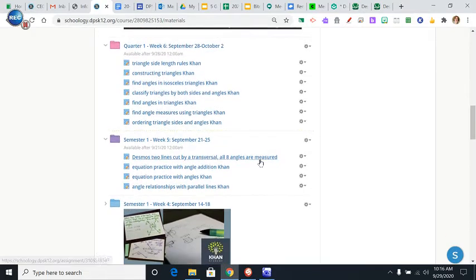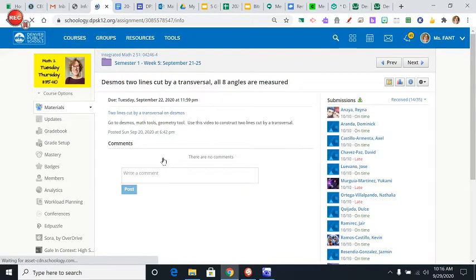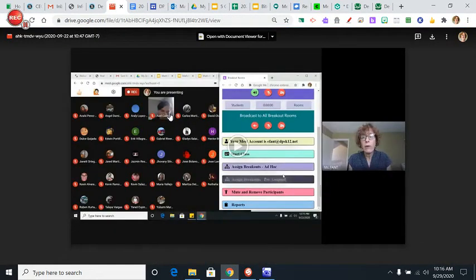in week 5. There's a, let's see, what's this? This is, I think, a video on, yeah, that one's from class on how to do the two lines constructed or cut by a transversal.